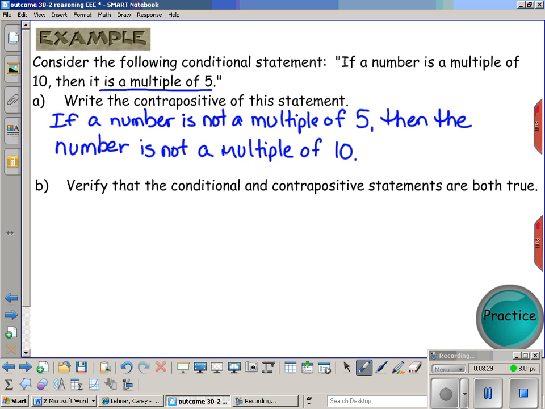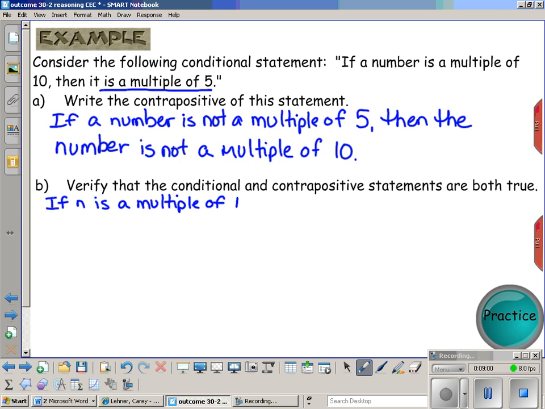What we want to do is verify that the conditional and the contrapositive statements are both true. If we go back to looking at the first one, if n is a multiple of 10, we can verify it using an informal proof.